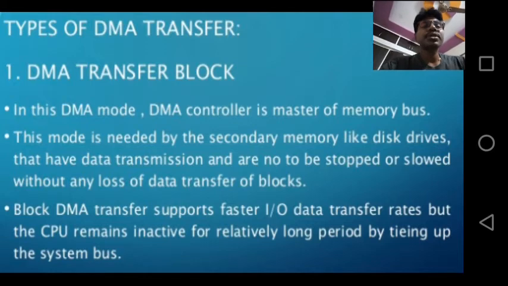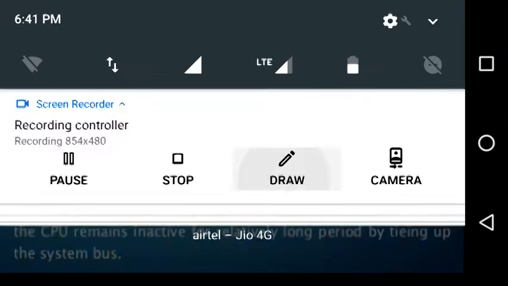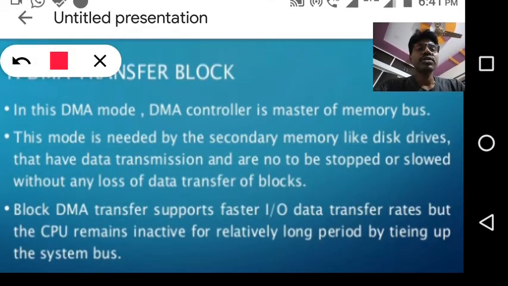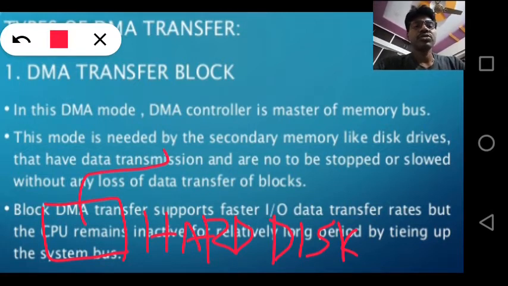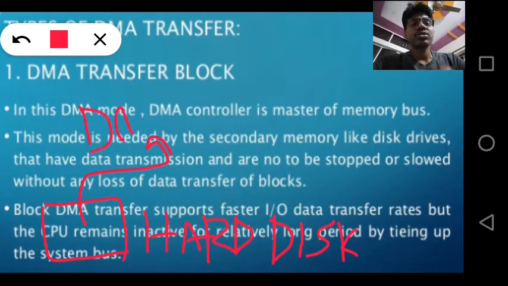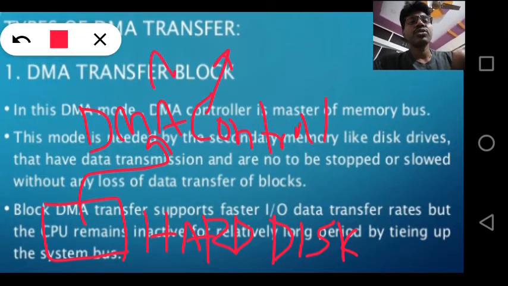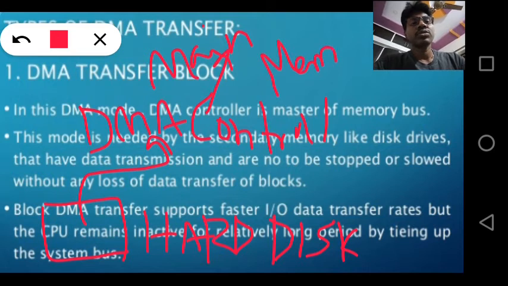So this DMA transfer block technique is used when you want to transfer data from the hard disk via the DMA controller to main memory.